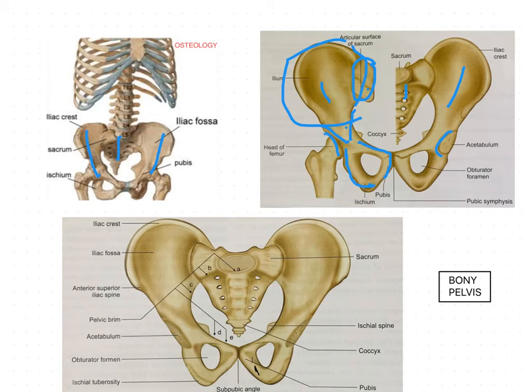We will see first the parts of this pelvis. Mainly it is formed by the fusion of two hip bones, that is, hip bones 1 and 2, and the sacrum. Now on the sacrum, you know that it has a base.